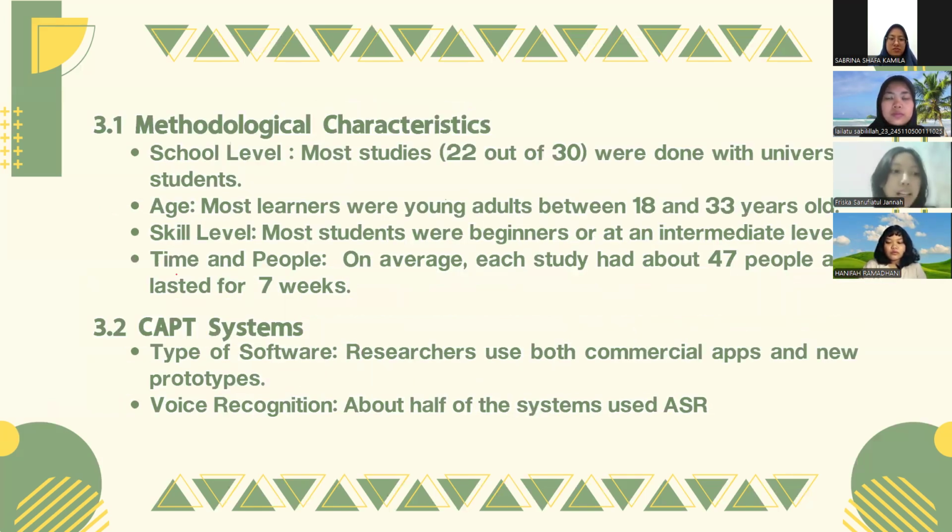So now let's look at the data from these studies we reviewed. First, regarding the methodological characteristics. Most research, 20 out of 30, was done with university students, and most learners were young adults between 18 and 33 years old. Most of these learners were at the beginner or intermediate level, and on average, each study involved about 47 people and lasted about 7 weeks.